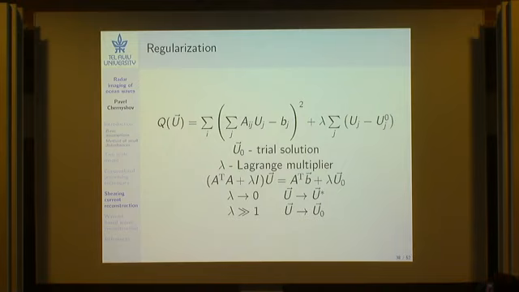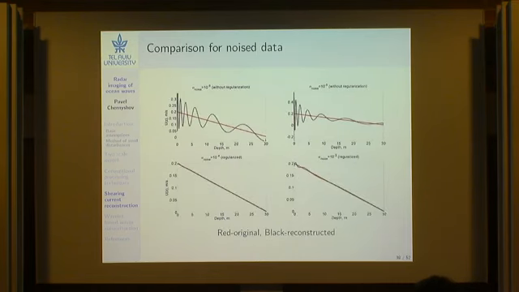Lambda is a Lagrange multiplier, which means that if we take very small lambda, our solution doesn't deviate a lot from the real solution. If we take a big value, it means that we trust the trial solution and it will stick to the trial solution. Okay, here are results for the noise contaminated profile data.